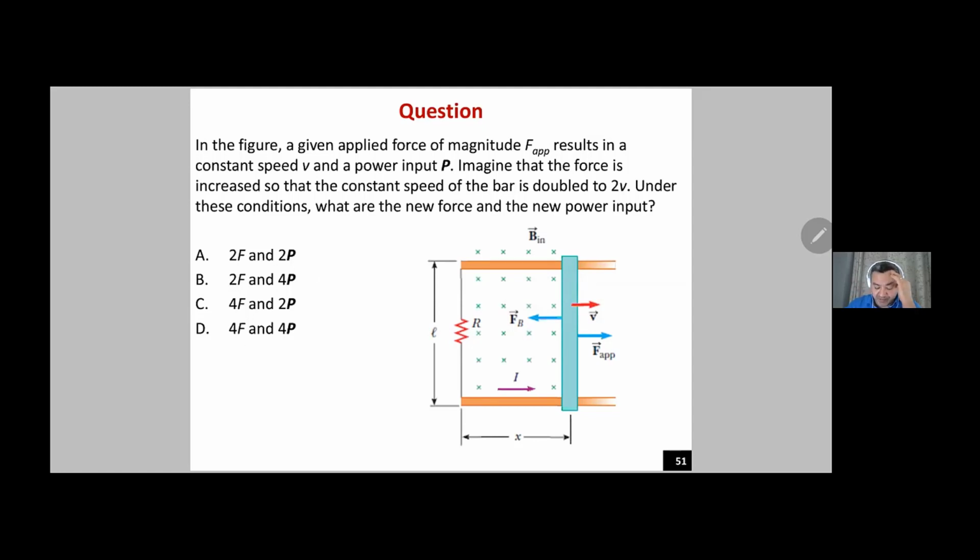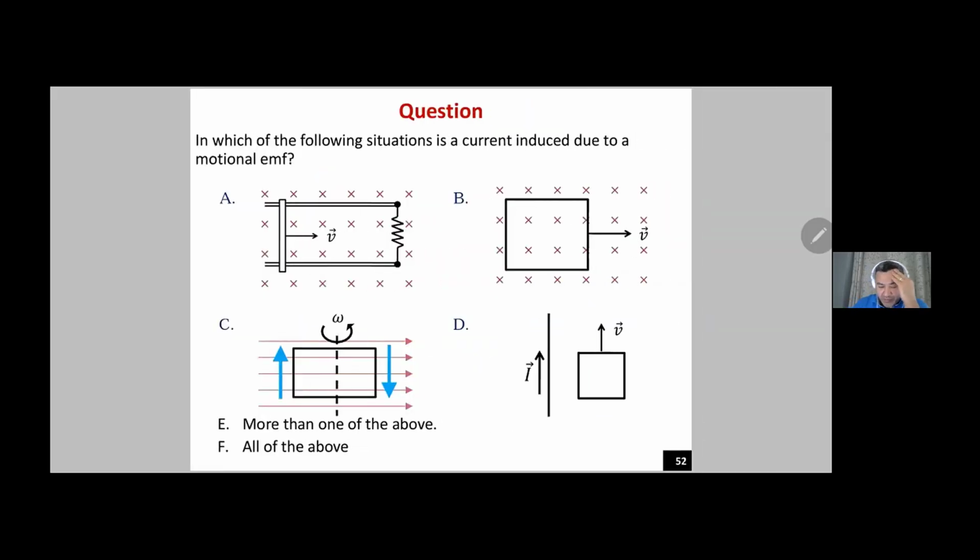B. Yeah. Okay. Now, if we look at this slide, we have several cases of loops that exist in a magnetic field, and we would like to evaluate each one to understand if we are getting induced electromotive forces or not.